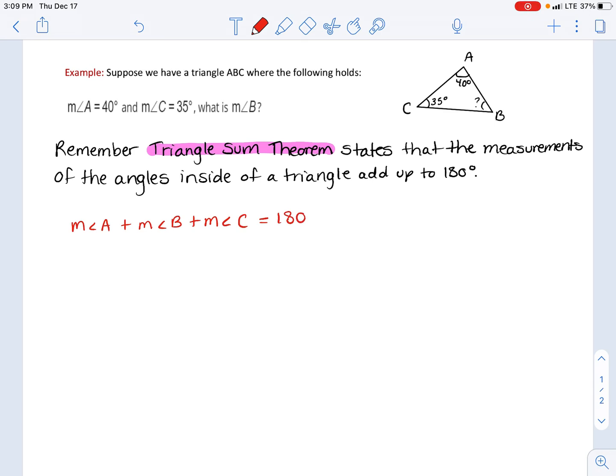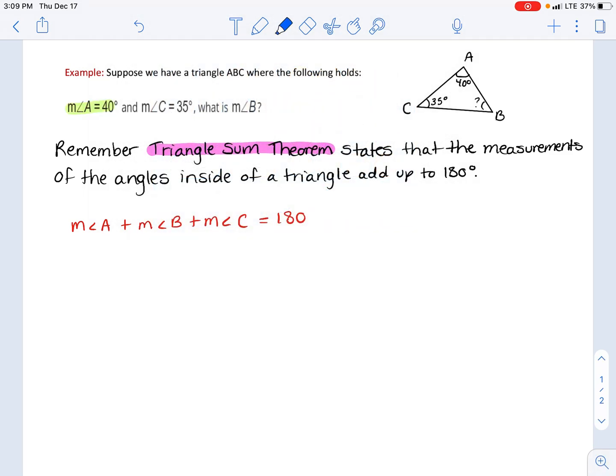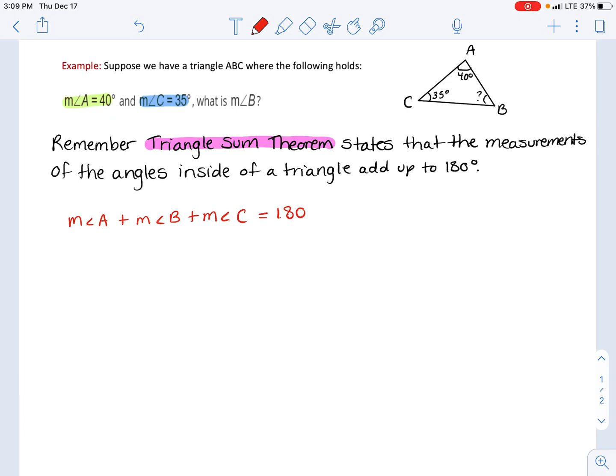Okay. So now I'm just going to substitute in what I know from the problem into this equation. So I know here that the measurement of angle A is 40 degrees, and I know that the measurement of angle C is 35 degrees. So what I'm going to do now is just plug in those values into this equation.